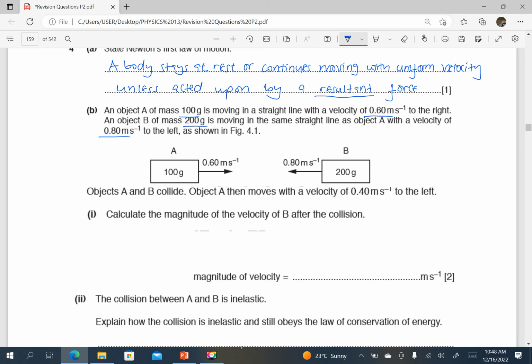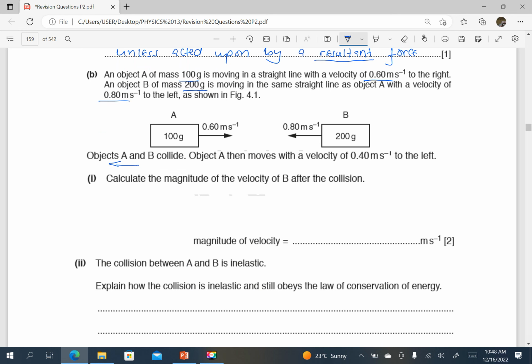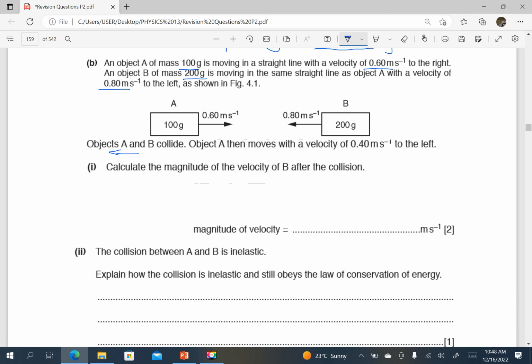The other one was moving to the right, this is moving to the left. Objects A and B collide. Object A then moves with a velocity of 0.4 to the left. In other words, object A rebounds in that direction, and object B, we don't know. Calculate the magnitude of the velocity of B after the collision. So we know that momentum is mass times velocity.